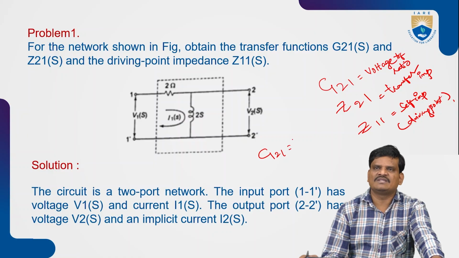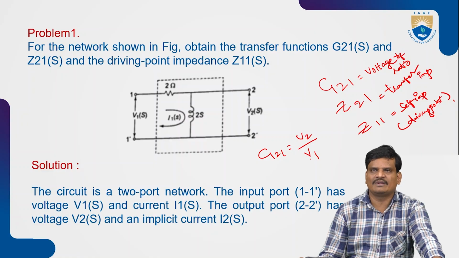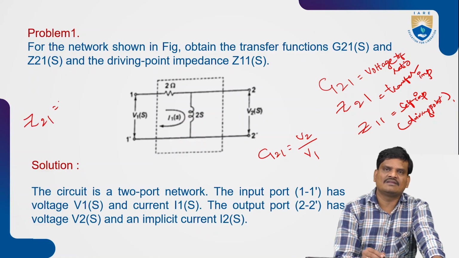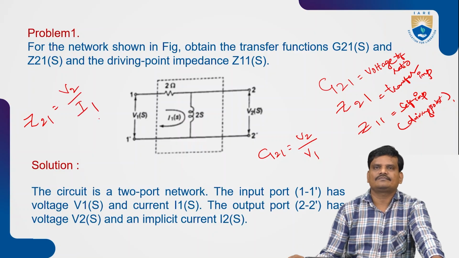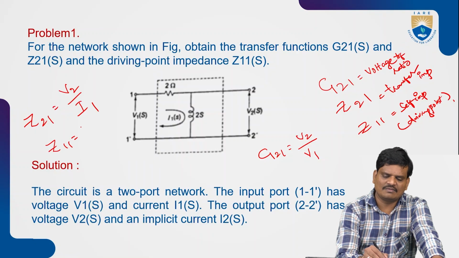To calculate the value of G21, clearly it is a voltage transfer ratio, so it is calculated using the formula V2 by V1. The formula to calculate the value of Z21 is V2 by I1. And the formula for calculating Z11 is V1 by I1.